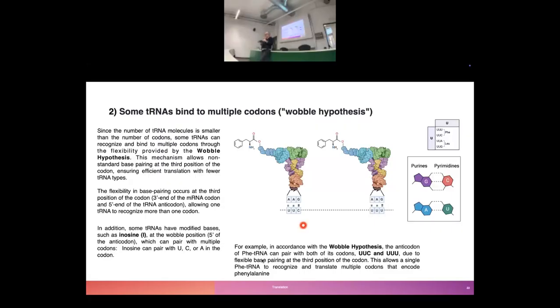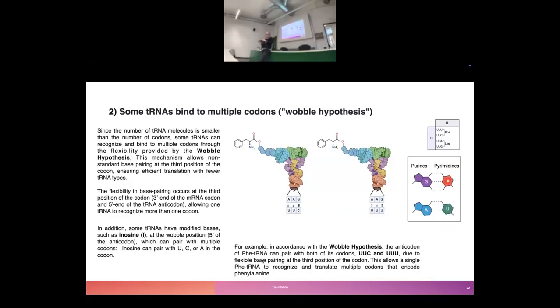Because usually the interaction is in between C and G. The C is in direct interaction with the G, the U with the A. But in the Wobble, in the third position, it will be a substitution of a pyrimidine base with the other one, which is also a pyrimidine.